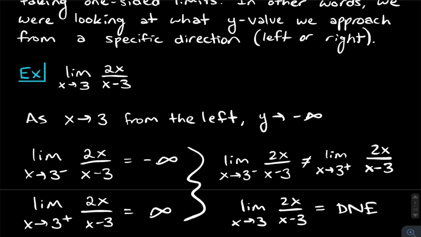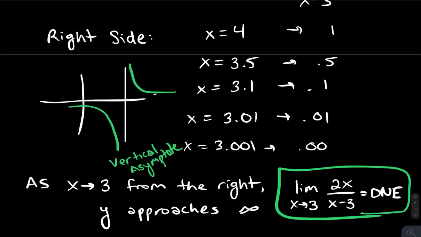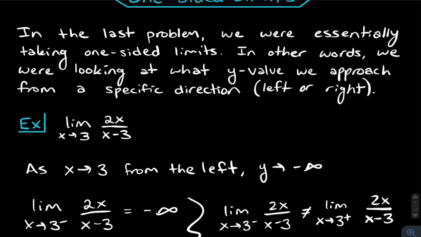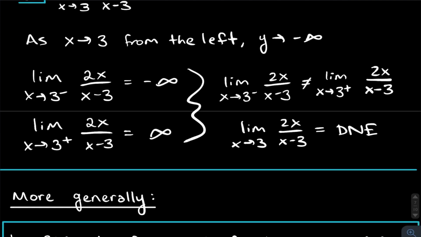There's no one value that this graph is approaching as x goes to 3 from both sides, because these graphs go in different directions. As x approaches 3 from the left side, it goes down to negative infinity. As it approaches from the right side, it goes up to positive infinity. Since they're not going to the same place, there's no overall limit.